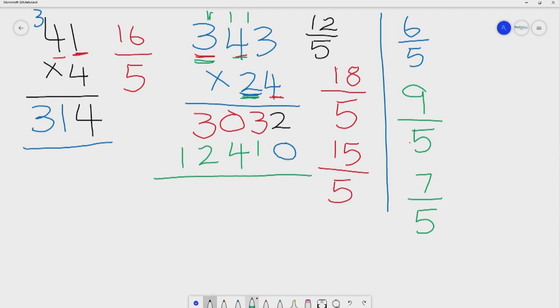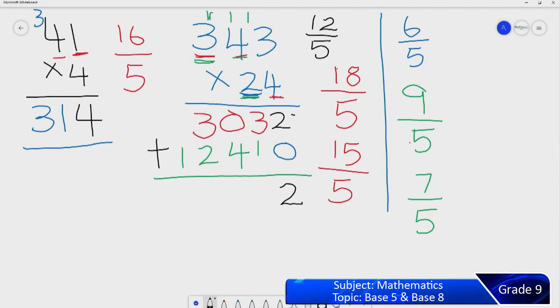The final step is for us to add them together. So we're going to start from the right. 2 plus 0 gives us 2. 3 plus 1 gives us 4. 0 plus 4 gives us 4. 3 plus 2 gives us 5, but we can't write 5.